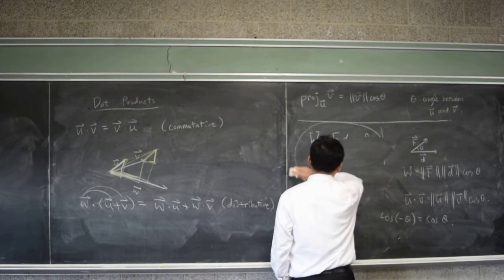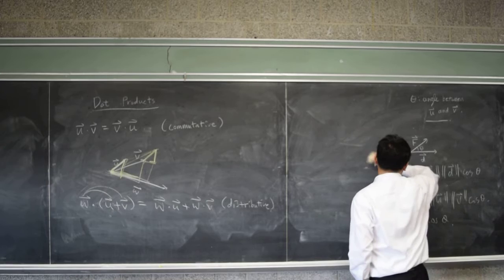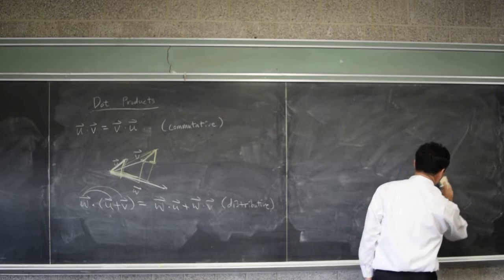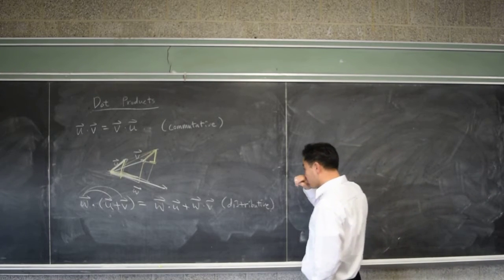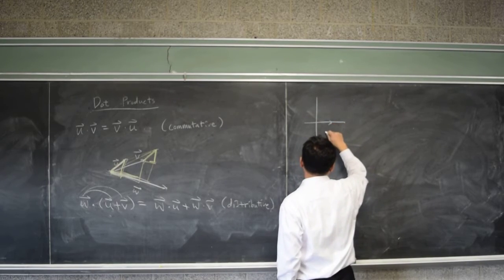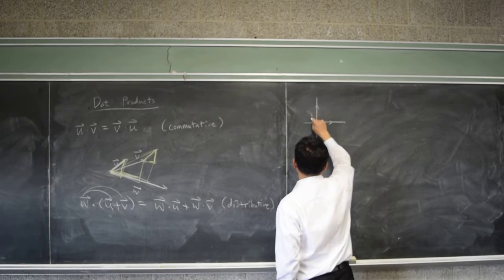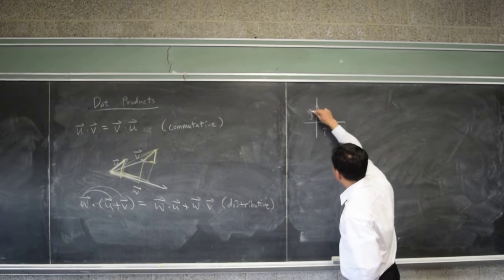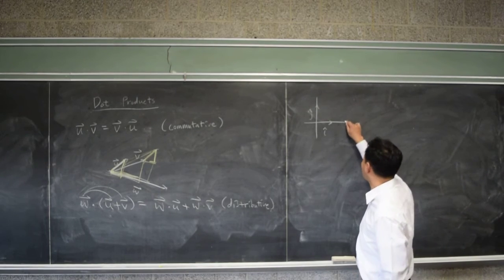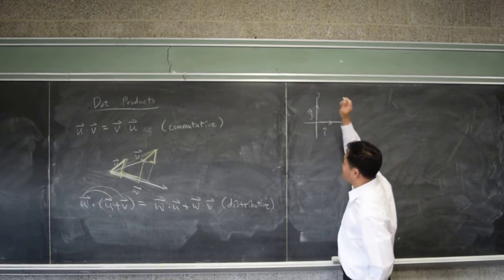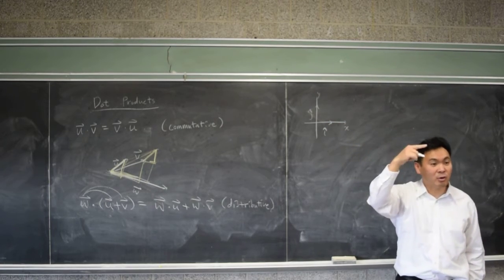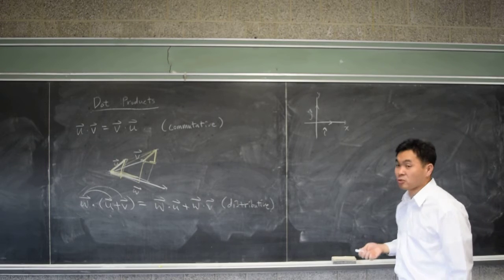Now those two properties are really good properties. Let me show you why. First, let's call i vector and j vector vectors of length 1, one in the x direction and one in the y direction. Now I'm using this hat instead of an arrow. That means it's a unit vector.